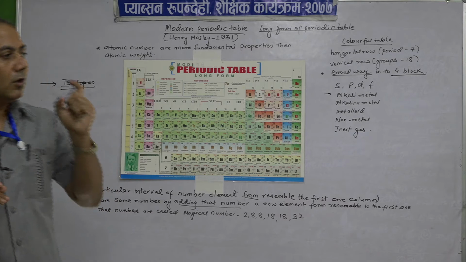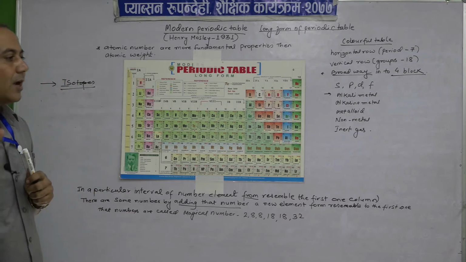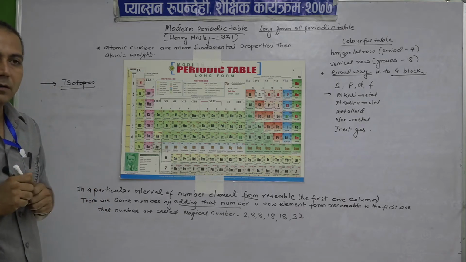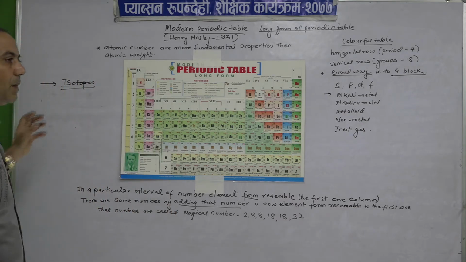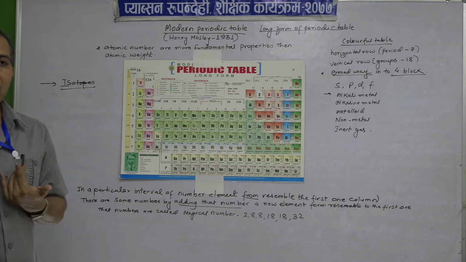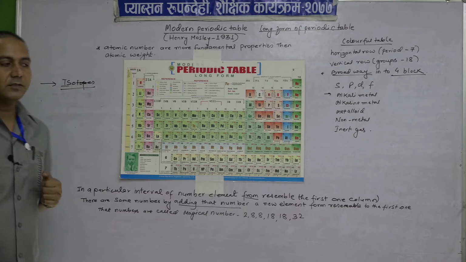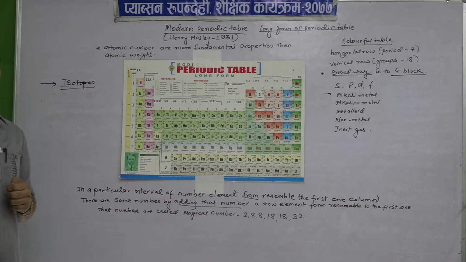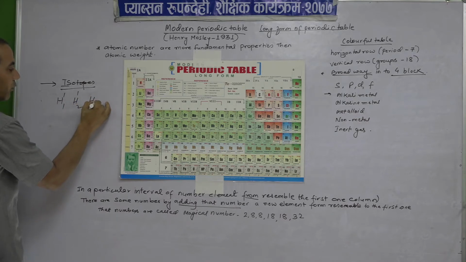Isotopes are elements having different atomic masses but the same atomic number. For example, you have studied in class 9 about hydrogen. Hydrogen has 3 isotopes: protium, deuterium and tritium, H-1, H-2, H-3.